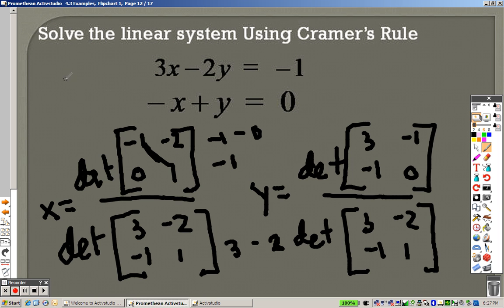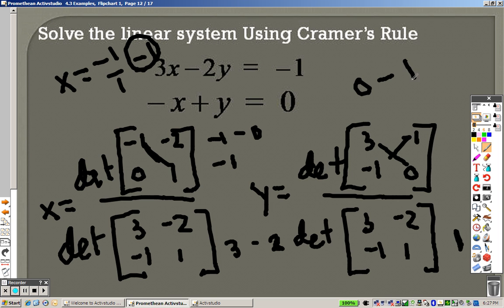So really, here's what I'm saying. X equals -1 over 1, or -1. That's what X is. Well, the bottom is the same in both, right? I just said the bottom of this one, we got 1 for the determinant. So that means that's what the determinant is over here. This one, down, which is 0, minus up, which is -1 times -1, which is 1.